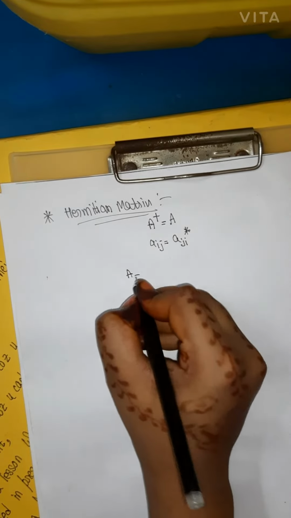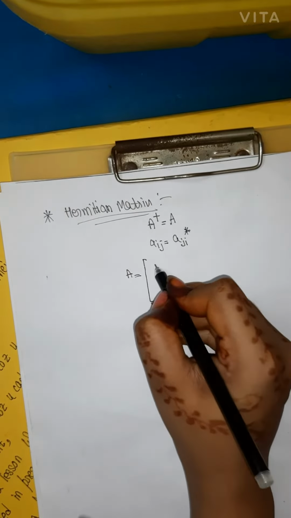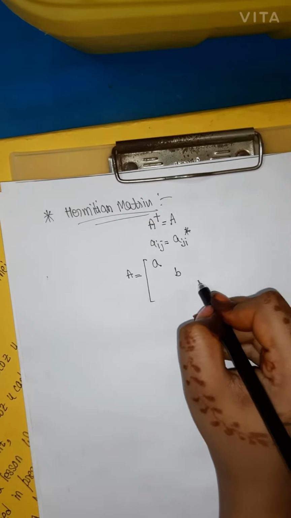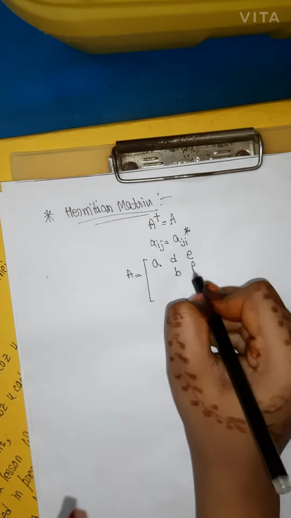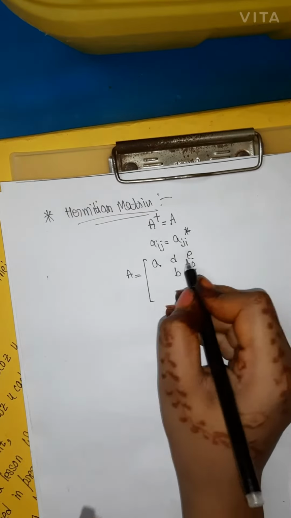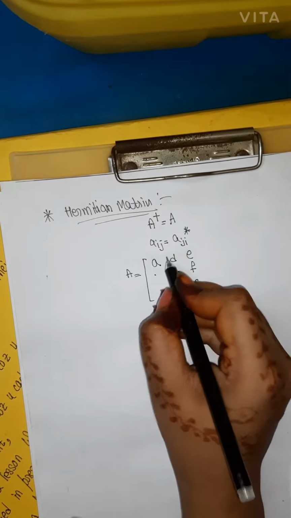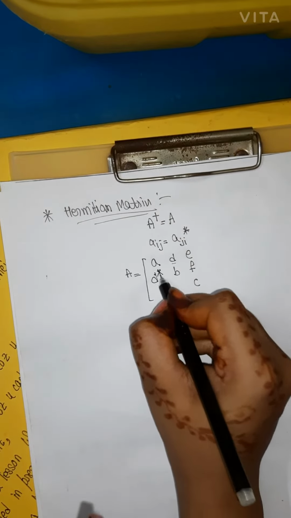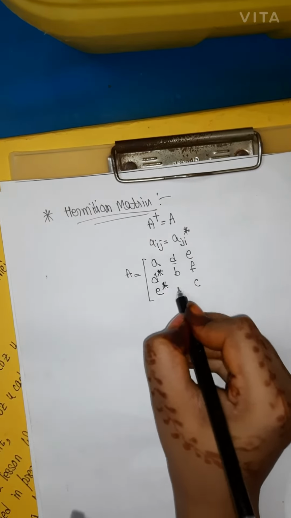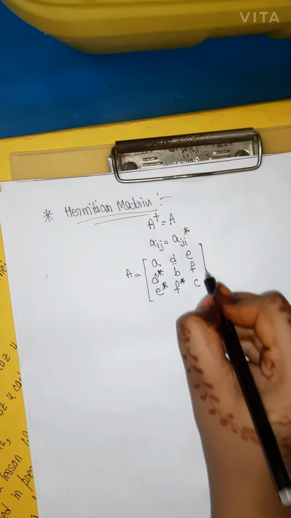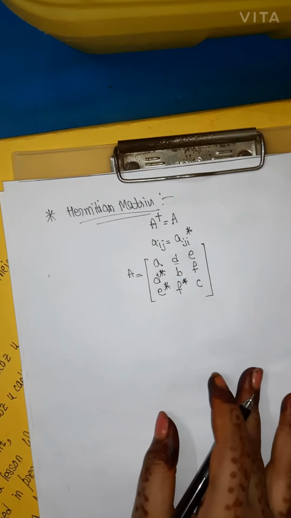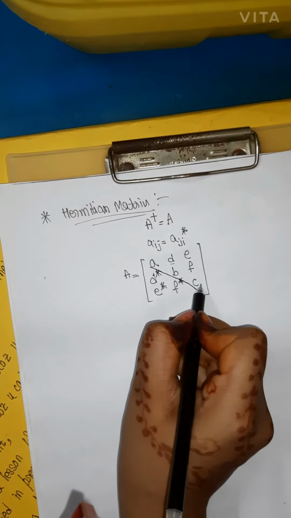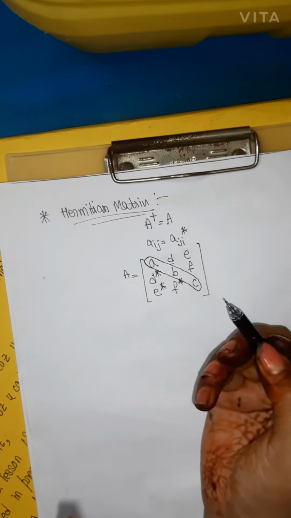Therefore A will be equal to A, B, C, and D, E and F. So these three will be transpose conjugate, means Aij must be equal to Aji star. So Aij will be equal to Aji star. This will be a Hermitian matrix, and the principal diagonal elements must always be real, or else there will be a problem.